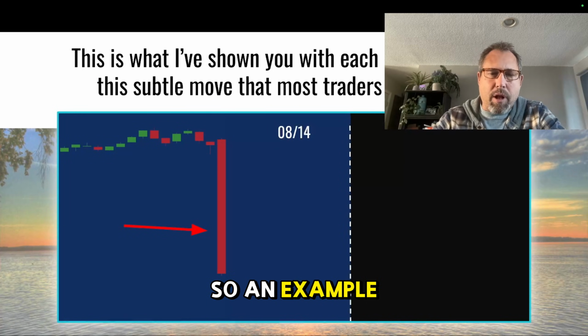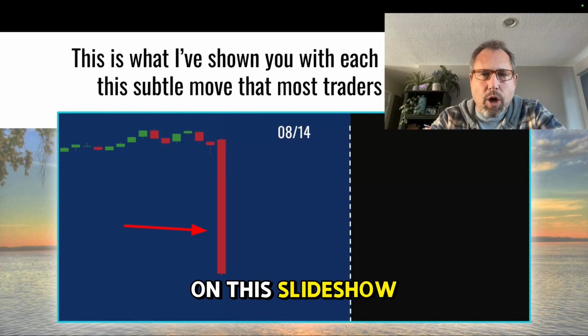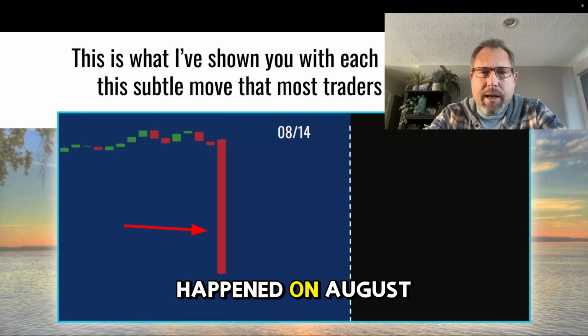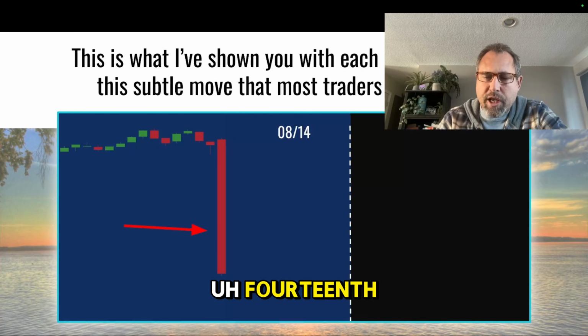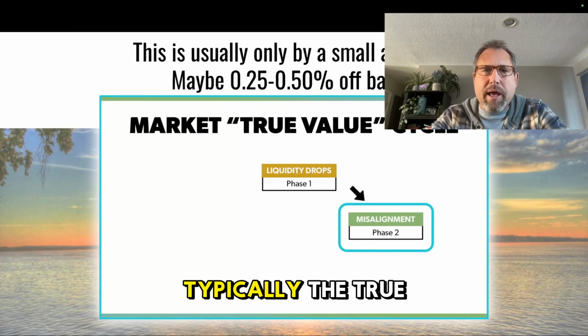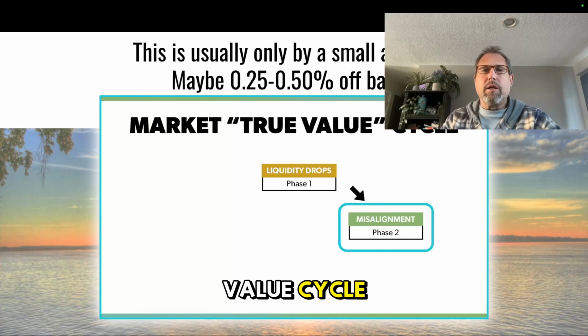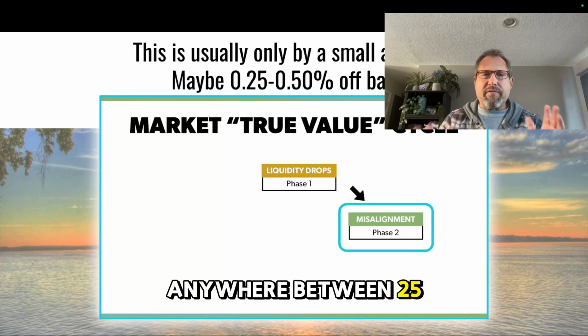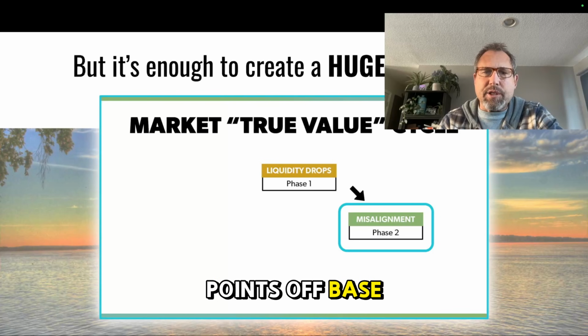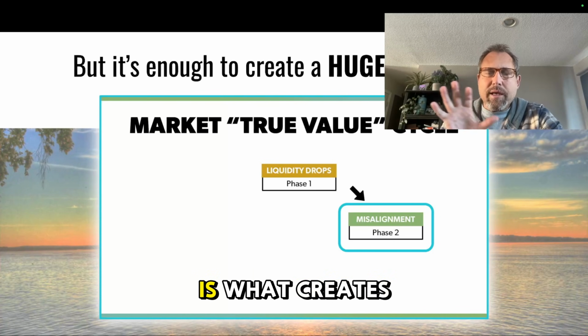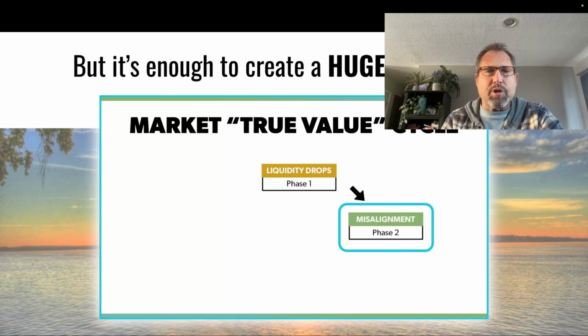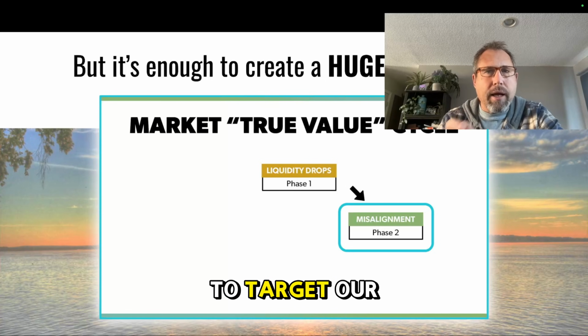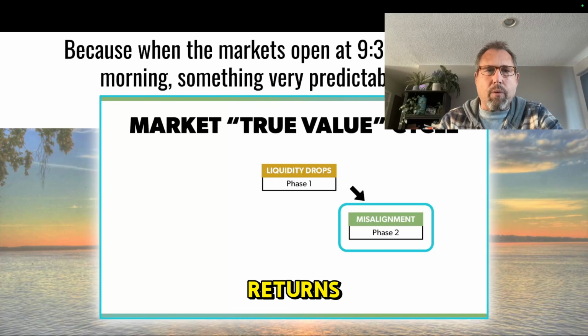An example on this slideshow I'm showing happened on August 14th. You can see typically the true value cycle will take us anywhere between 25 and 50 basis points off base, but that misalignment is what creates a big trading opportunity and allows us to target our 10% daily market returns.